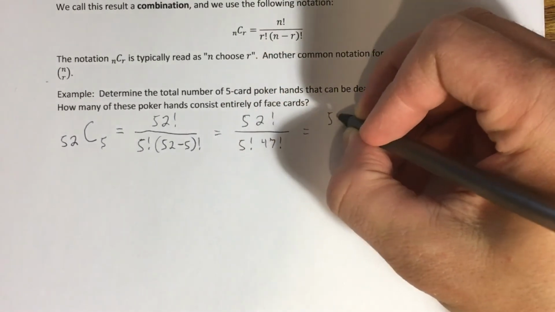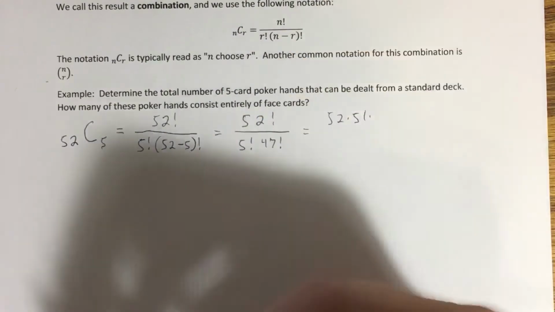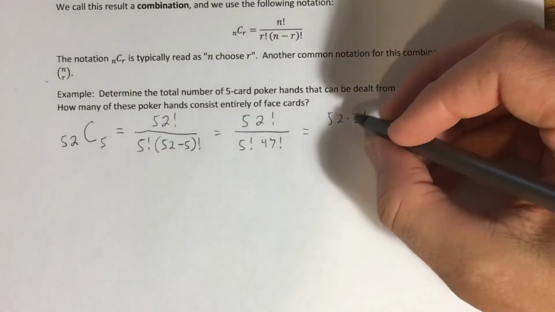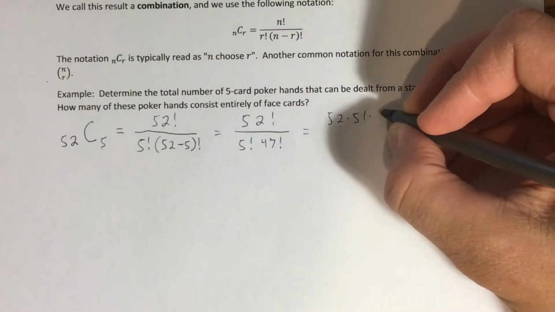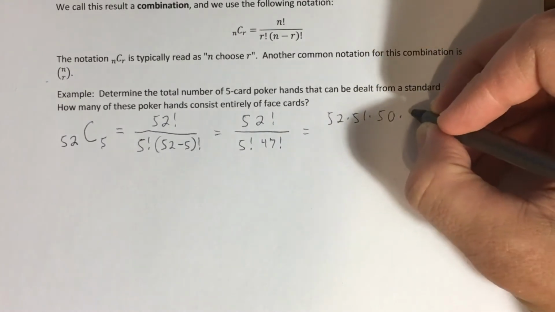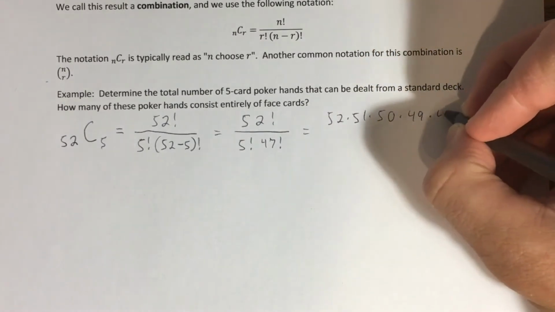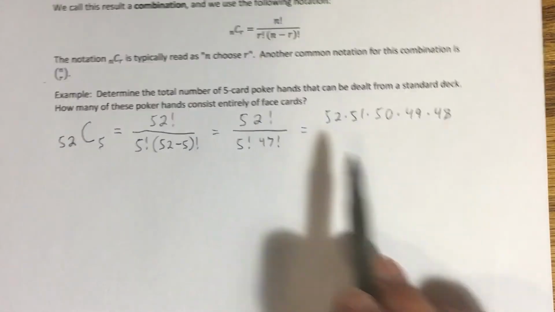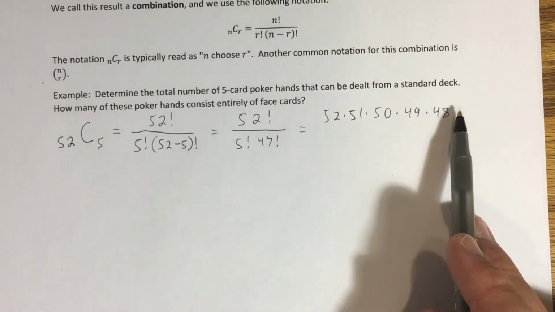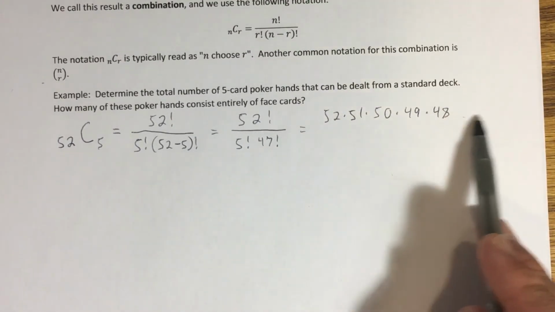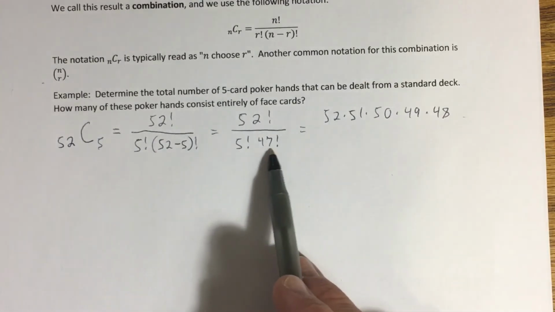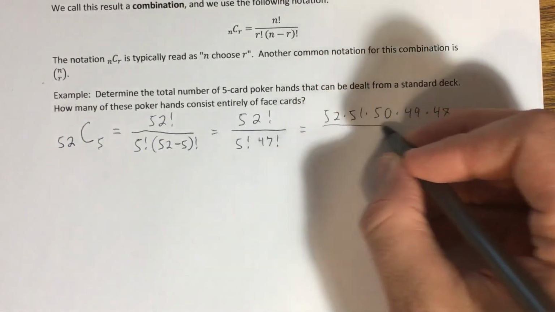Notice 52 times 51, I'm writing out the beginning of 52 factorial: 52 times 51 times 50 times 49 times 48. And that's all I have to write, because after this it would become 47 times 46 and all the way down to 1. All of that's going to cancel with this 47 factorial.